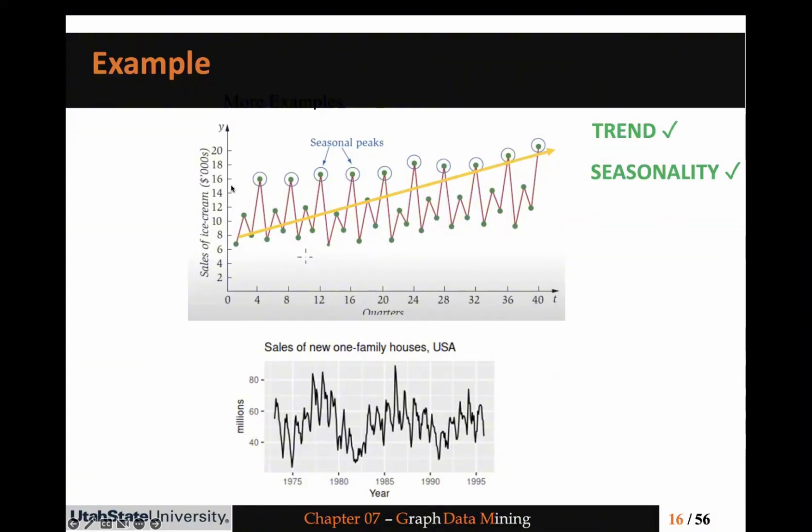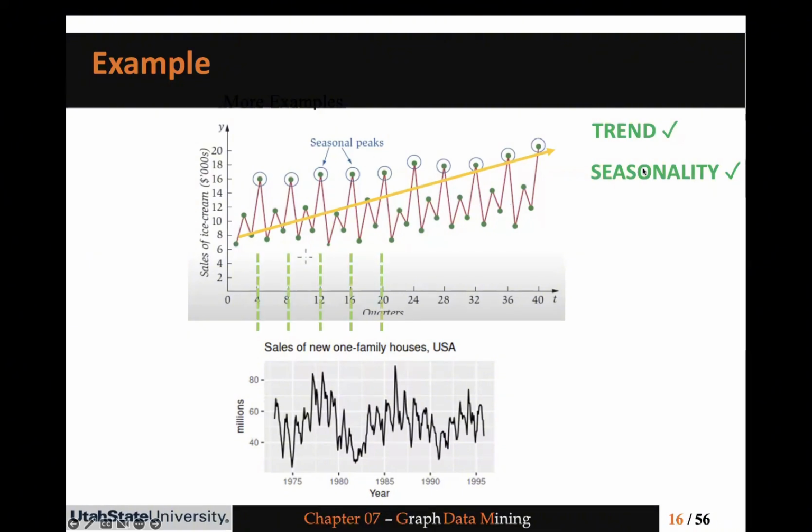If you just look at the peaks that have been highlighted of the sales of ice cream every quarter of the year, the seasonal peaks have a tendency to go higher. Their magnitude is getting higher and higher, meaning that overall our sales of ice cream, regardless of the quarters, have a tendency to increase across the years.